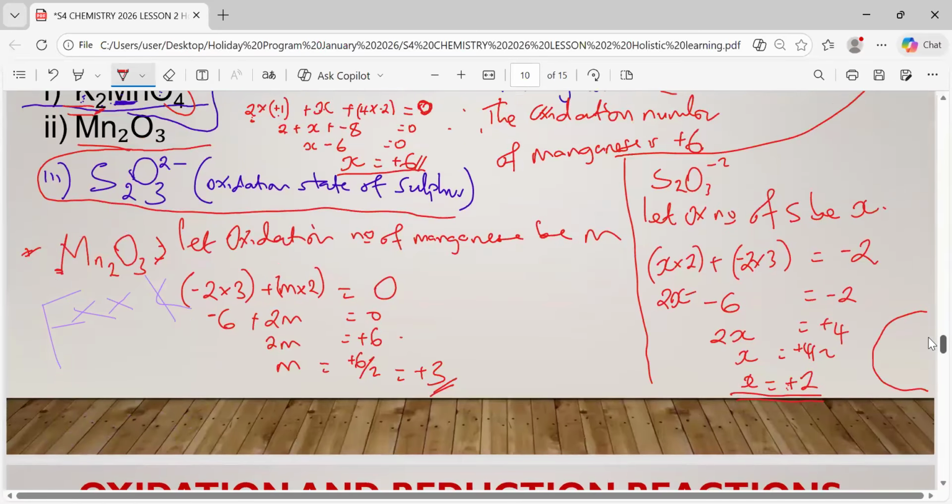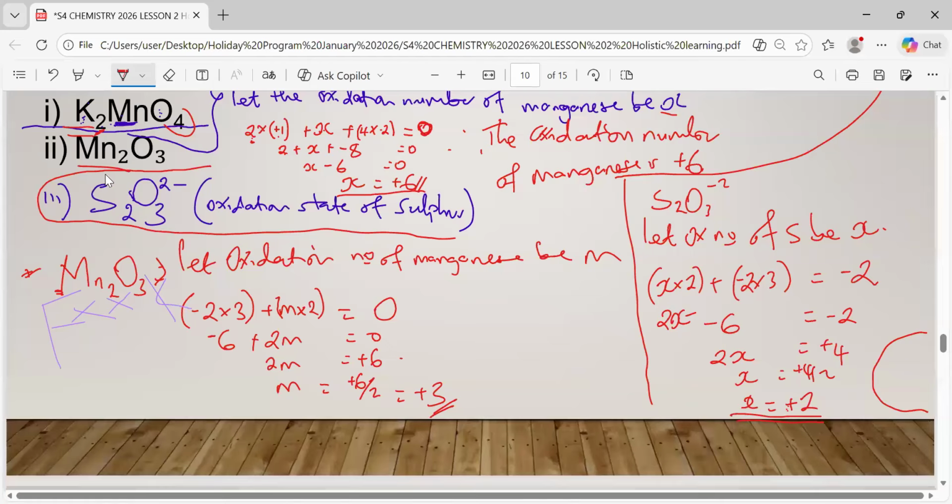Now for number 3, the difference between number 3 and numbers 1 and 2 is that it is called a polyatomic ion. It has a charge, but it has very many atoms, so we call it a polyatomic ion. So when we sum up the oxidation numbers, it should be equal to its charge.